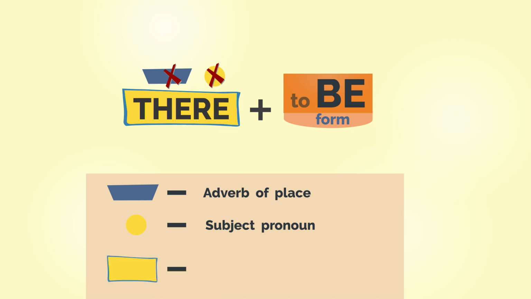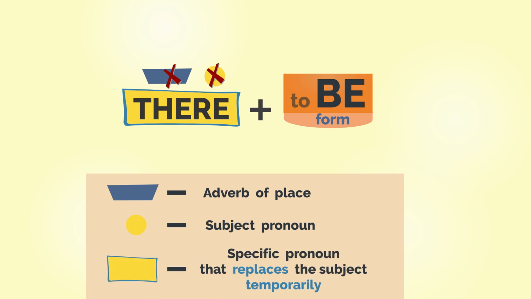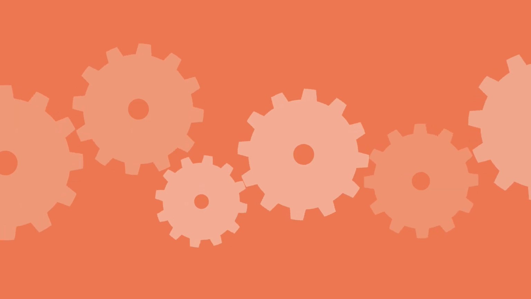There is a specific pronoun that replaces the subject only temporarily until it appears in the sentence. In this grammatical form, there is used as an indefinite subject with no real lexical meaning.